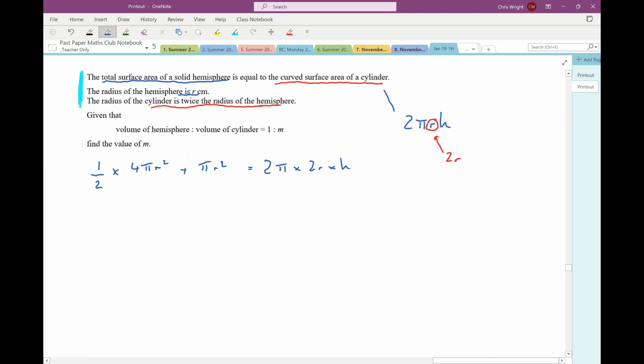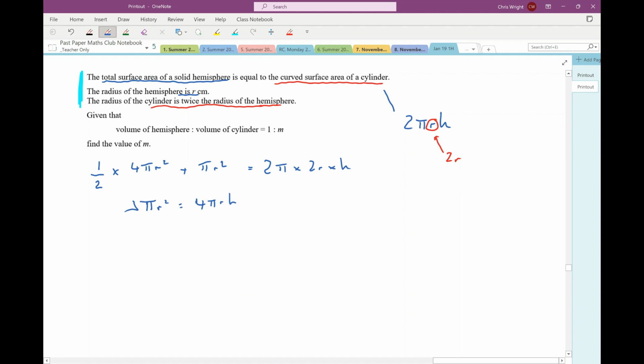Now, let's do a bit of simplifying here. So I've got a half of 4 pi r squared plus a pi r squared. So I've got 3 pi r squared on the left, and on the right I've got 4 pi r h.